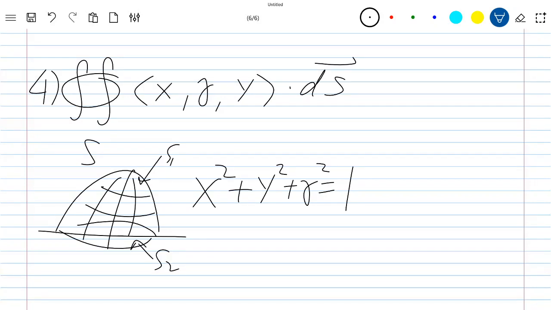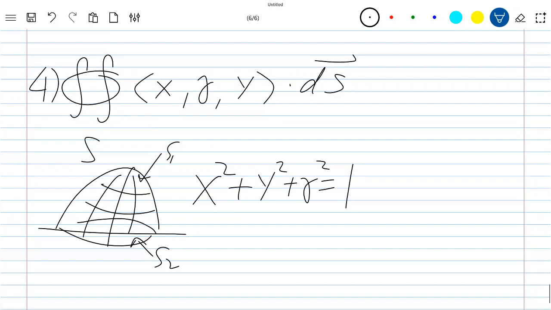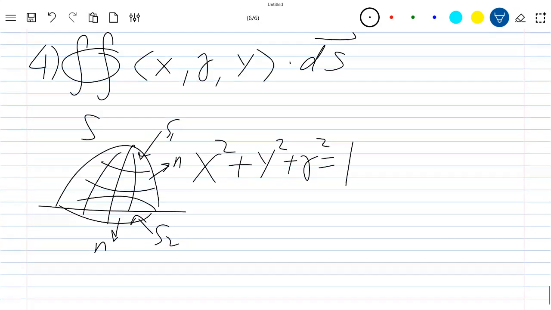S2 is just the circle on the XY plane. Okay. Well, then when we say dS as a vector, we have to say what is the normal direction, right? So let's say this is the outward direction. All right, this is n, this is n. So you notice that for S1, it's upward. For S2, it's downward. Okay.